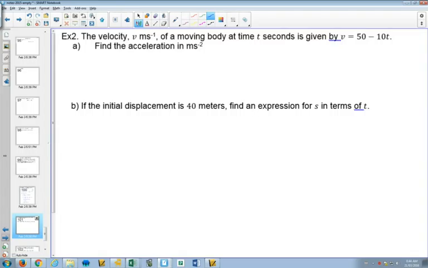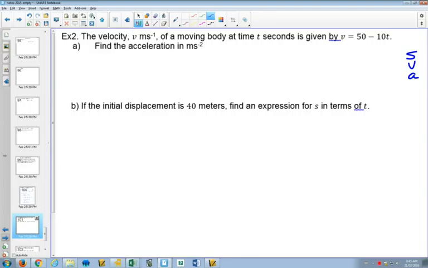So this is the second example, starting in the middle. They've given us a velocity formula. If we want to find the acceleration, we'd have to take the derivative.